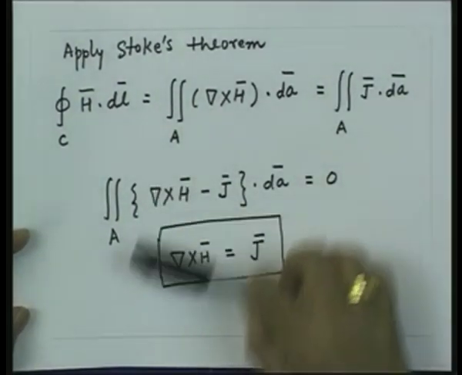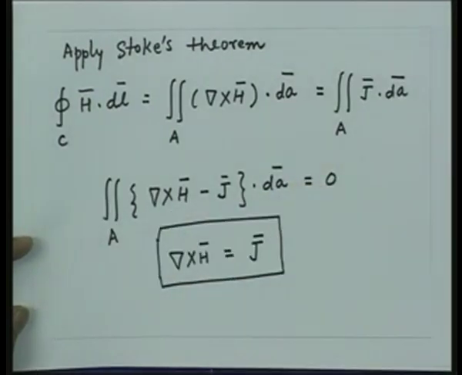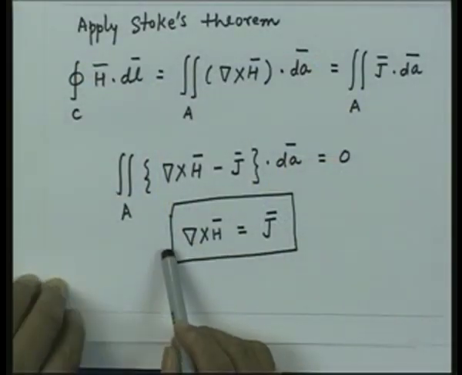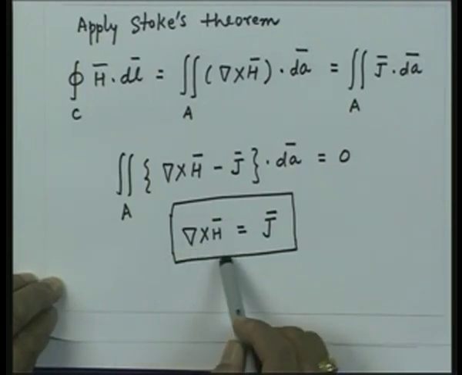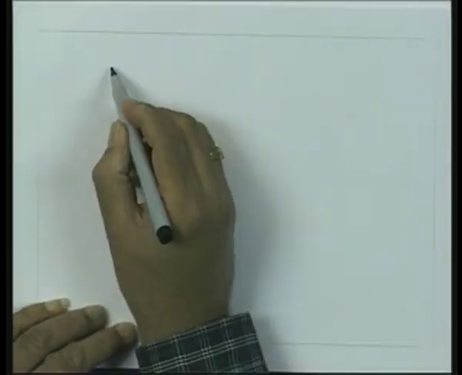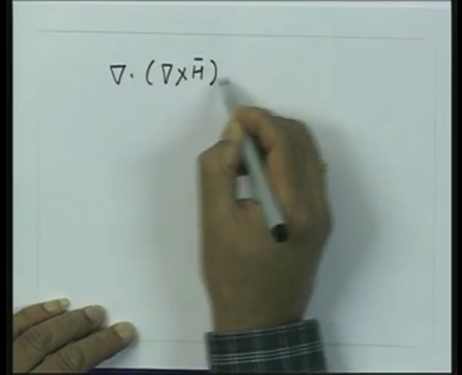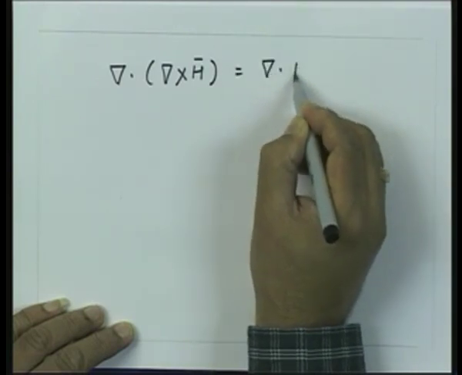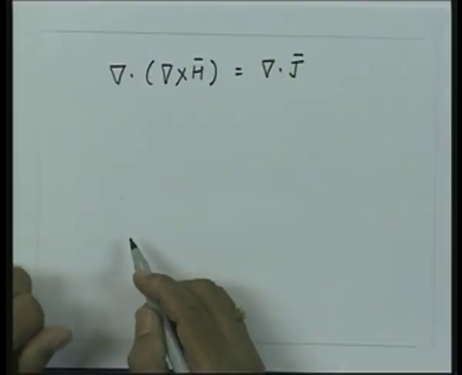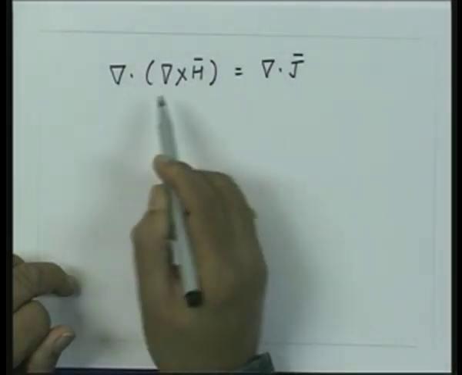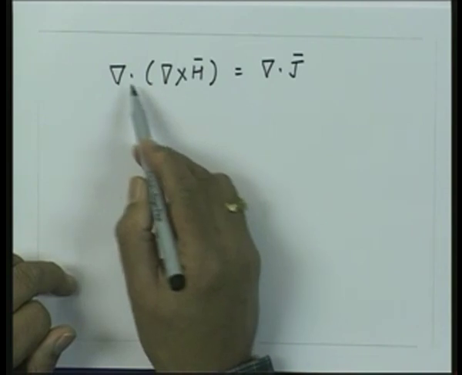If I simply apply the vector operation on this without getting into physical aspects, I can take the divergence of this equation on both sides. So, I can say divergence of curl of H is equal to divergence of J. So, I get del dot del cross H equal to del dot J. We know in the vector product we can interchange the dot and cross.